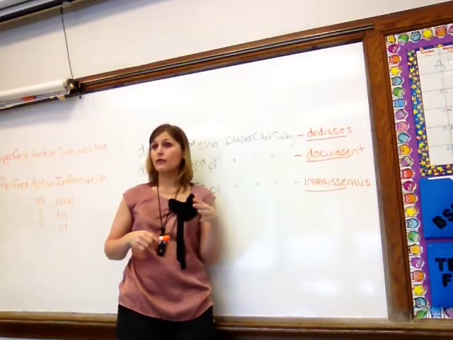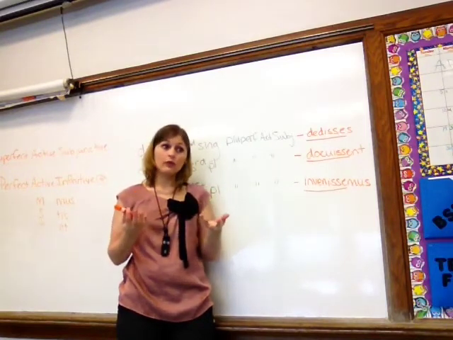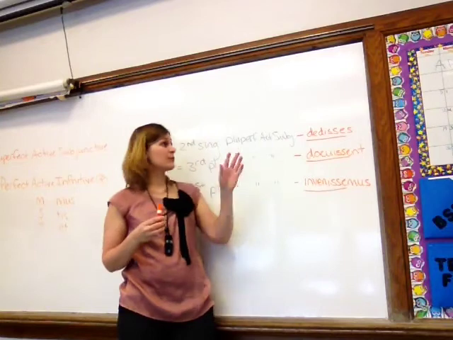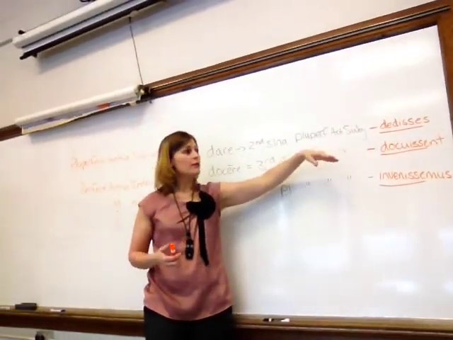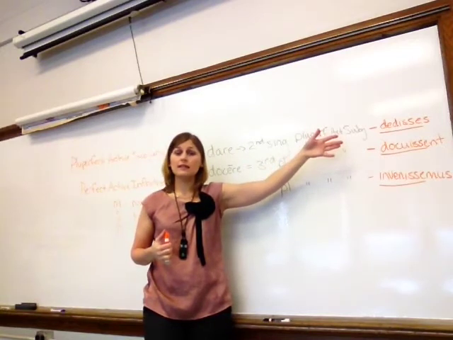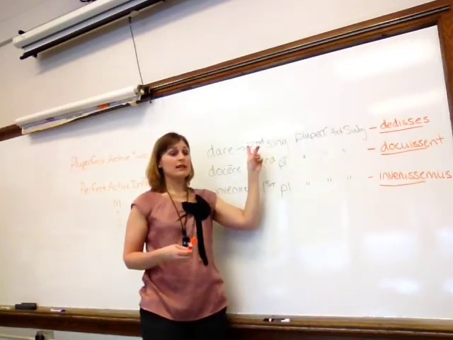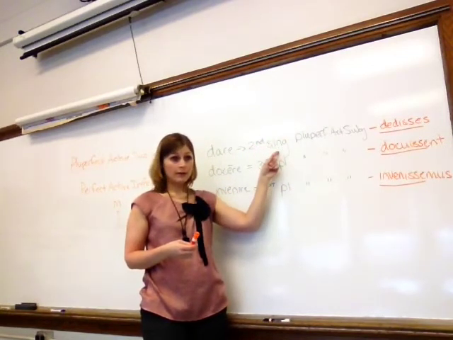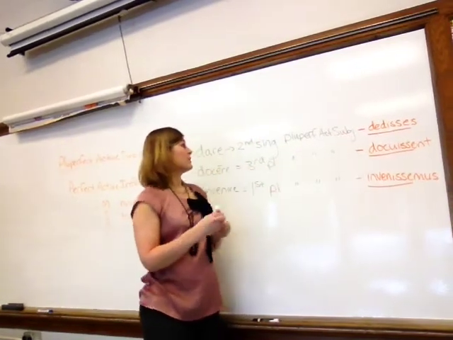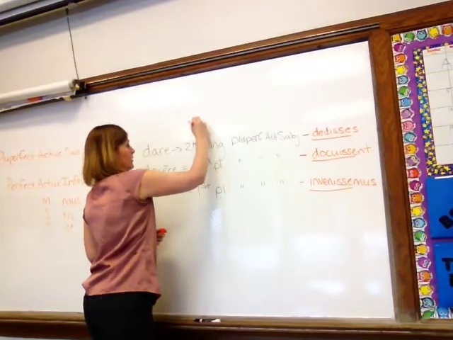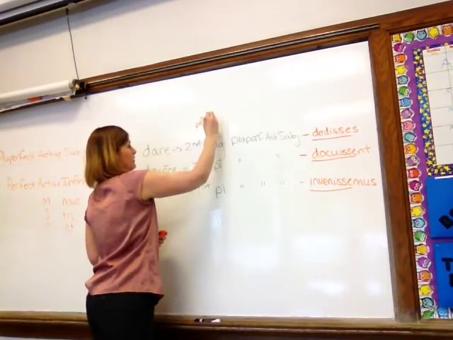you will need to provide all 5 of these identifying factors. So if I ask you what is dedices, you need to be able to write it is second person, singular, pluperfect, active, subjunctive. So this is identifying what's called the person.